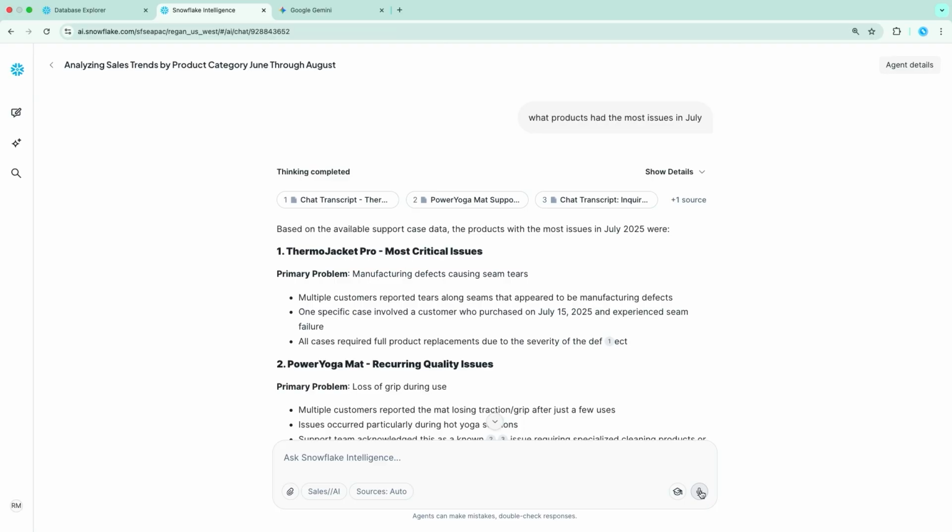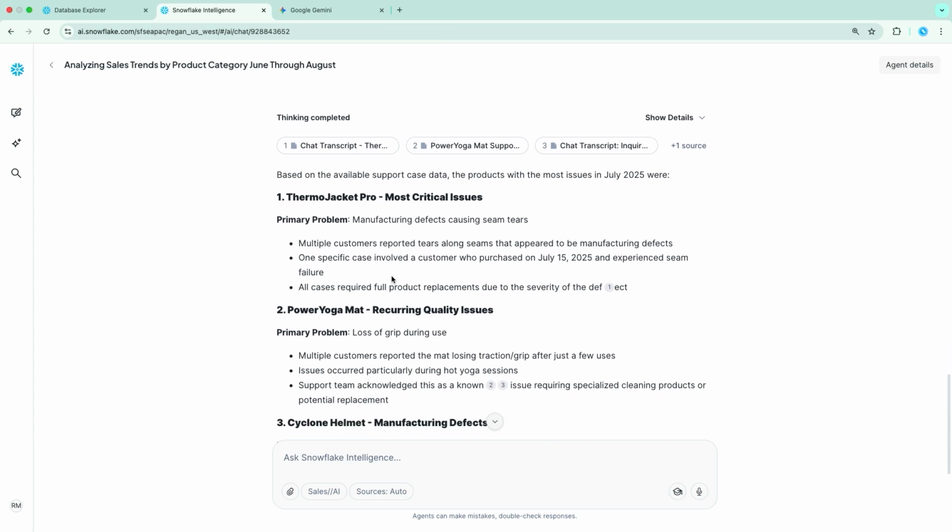And this support case data is actually just a whole lot of chat transcripts that are captured from our call center system. So they're not organized nicely in a table like a dashboard would require. It's just free-form text. But it was able to interrogate that, compile some statistics and give us some insights back. And as you can see, it says the Thermo Jacket Pro had the most issues.